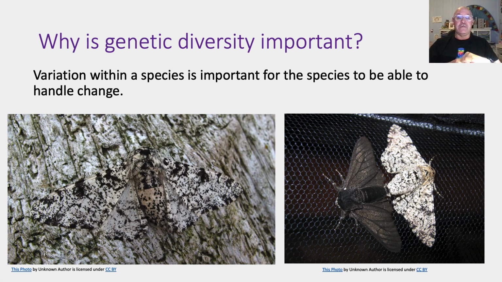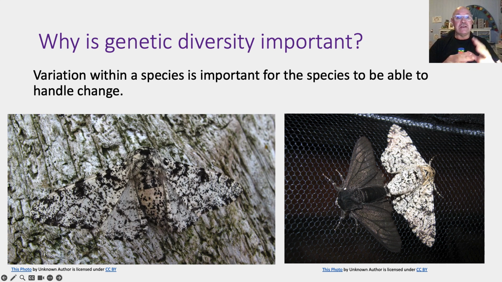And you can imagine up against that white tree, it's going to be less camouflaged and more likely to be predated and picked off. However, during the Industrial Revolution in England, these trees got covered in soot because of all of the factories belching out smoke. So it turned out that it was the dark-coloured moths that actually had the advantage, the camouflage, and it was the white-coloured moths that were picked off and predated.